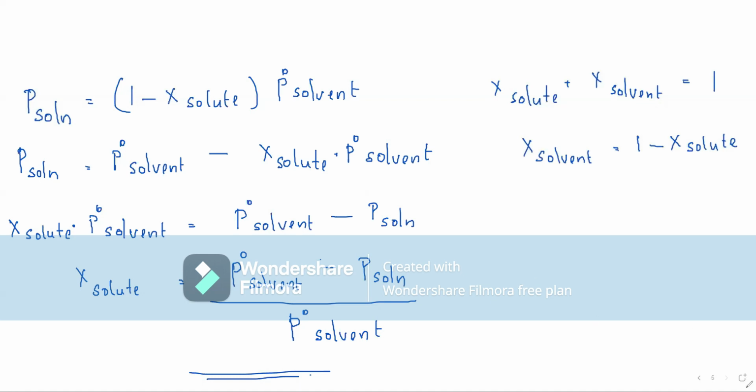Now, any solution which obeys Raoult's law under all conditions of temperature and pressure is called an ideal solution. So, what is an ideal solution?